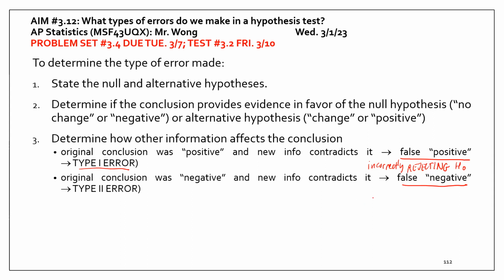And so a false negative would be incorrectly failing to reject H naught. And remember, I'm going to use the Roman numeral 2 here to help you remember that that's what a type 2 error is.